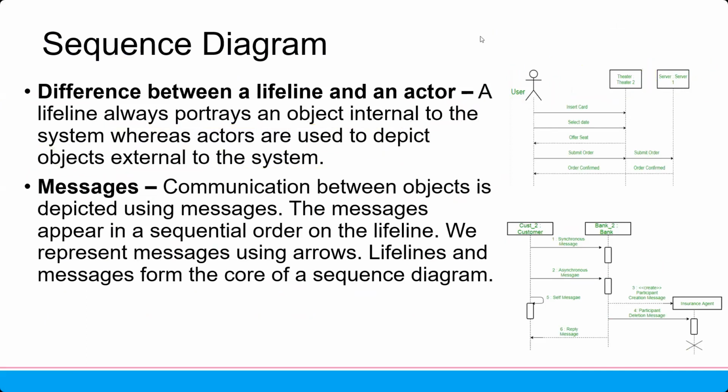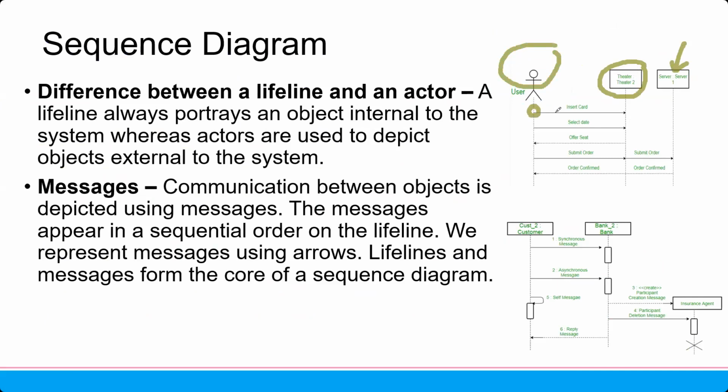For example, there is a user and he wants to buy a theater ticket. This theater ticket is a web system, and then this web will connect to a server.